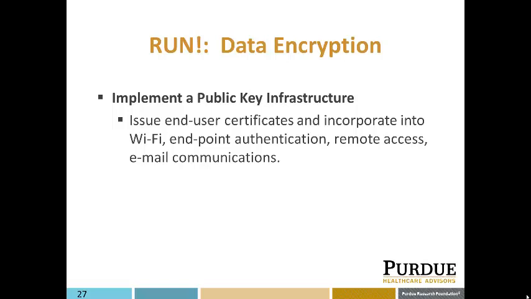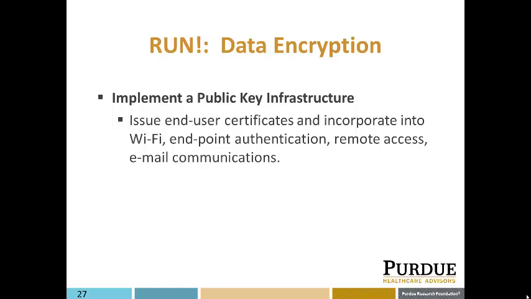Data encryption. Next phase of learning how to run, and certainly one of the more difficult things to do. But in order to run, you need to be able to implement a public key infrastructure, right? This is where you would effectively assign a digital certificate to each one of your end users. And you could use those certificates for a variety of different functions. You can use it to associate to your secure administrative wireless network. You could use it for endpoint authentication, right? So you put that certificate on a smart card.